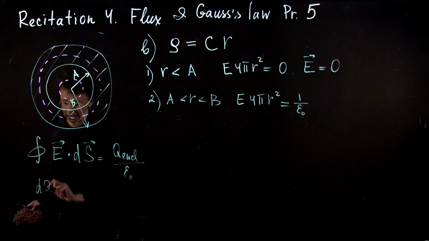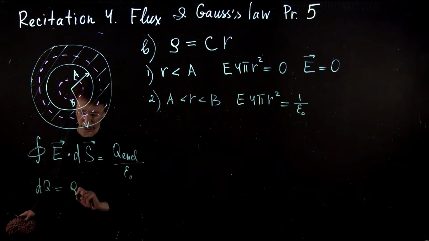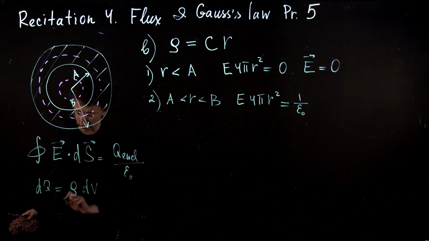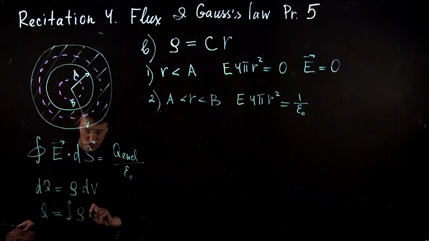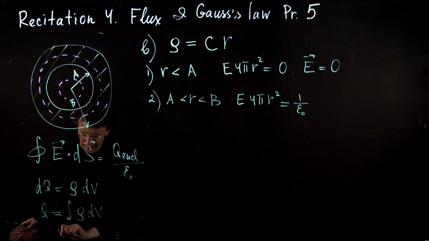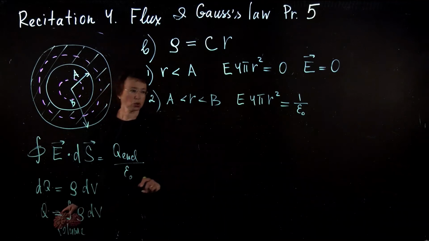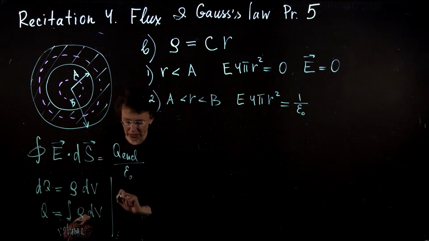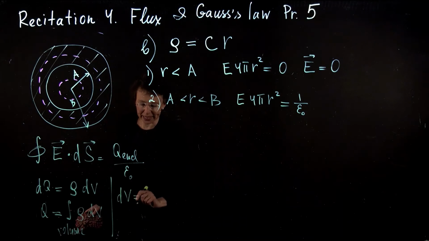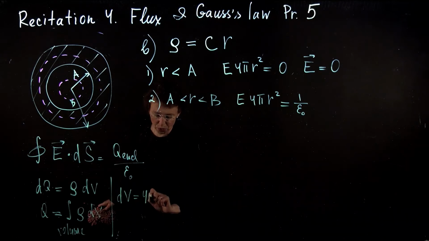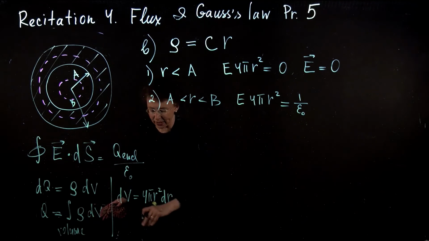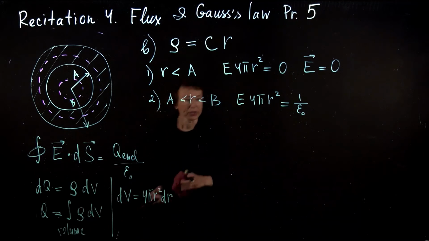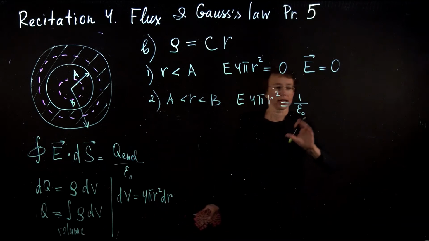So let's write again the definition of rho: dq is rho dv, then q is the integral of rho dv, and I need to integrate this over the volume. So what is dv for the sphere? Infinitesimal volume is 4 pi r squared area and then dr. This is the infinitesimal volume, and then I need to bring it here.